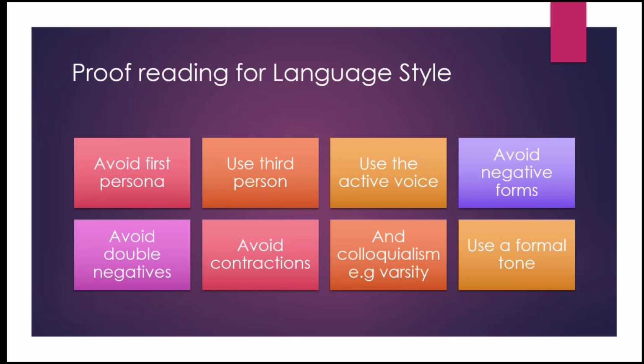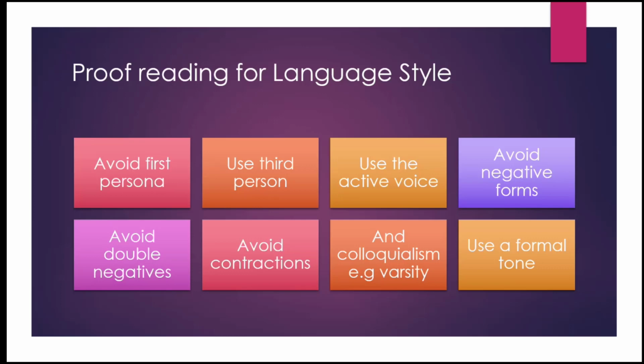Sometimes when we write, because we have background information, we know what is coming. But when you write in English, always assume that the person you're writing for does not know. Your lecturer probably knows more, and they set the question, so they know what is expected. But when you write academically, you write as if the readers do not know what you are writing. So you need to be as explicit as possible and avoid being vague.